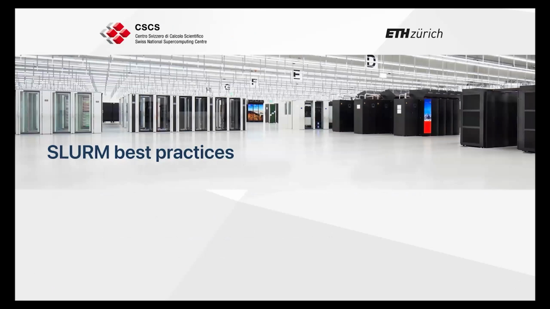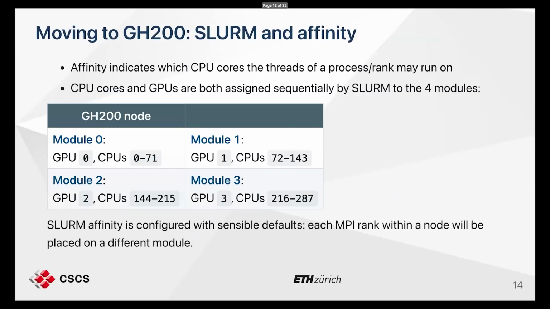Okay, so now we jump to SLURM practices. Let's talk about running jobs effectively on GH200. As we saw before, each module has 72 cores and 1 GPU. SLURM distributes MPI ranks across modules by default. This means that each MPI rank within a node will be placed on a different module.